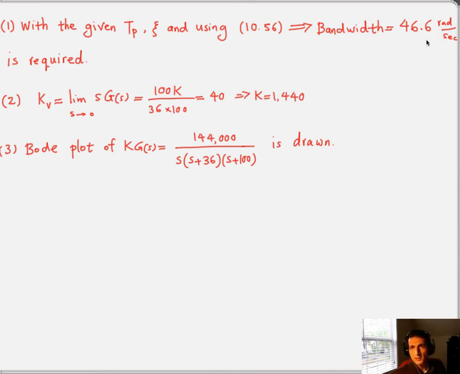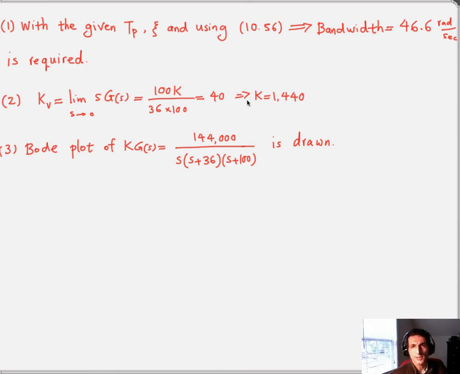From that you can find the bandwidth to be 46.6 radian per second. So your design specification is to come up with a lead compensator that provides this bandwidth. How do you know you need a lead compensator? If you plot the uncompensated system, you see that its bandwidth is definitely less than 46.6.